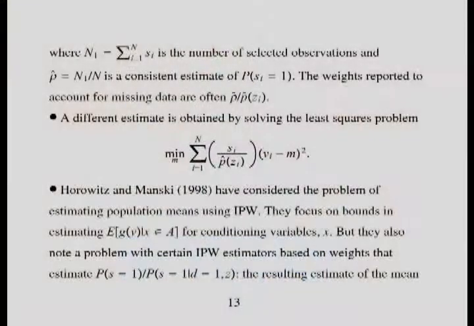And so this is often the thing that's reported as the sampling weight, where this can be bigger or less than 1 depending on whether the observation had a higher or lower probability than a generic observation. Okay, for actually studying the properties of the estimator, this is a more convenient formulation. And of course, this is just a consistent estimate of that fraction of kept observations.